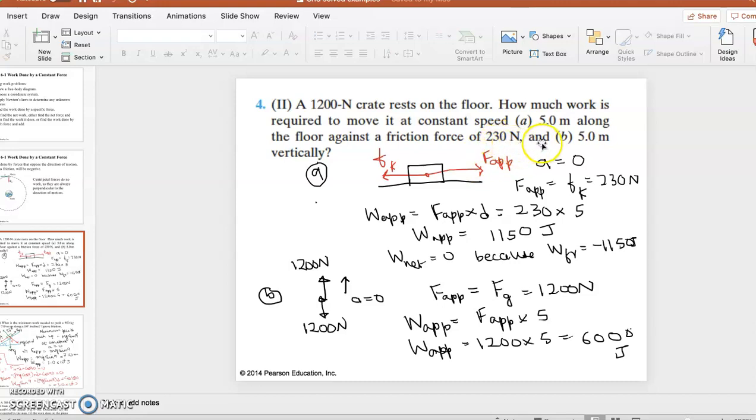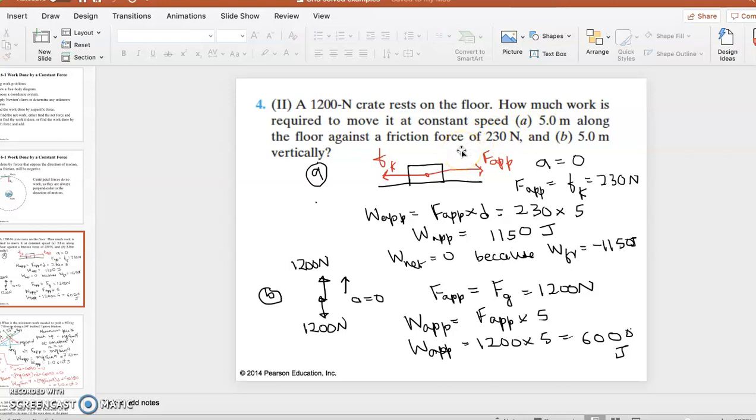Just stop here. How much work is required to move the object 5 meters along the floor against the friction of 230 Newton? He did not tell us the applied force, right? He just gave me the displacement that we're going to move this box or plate, but he mentioned something.